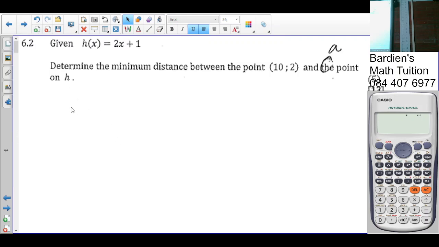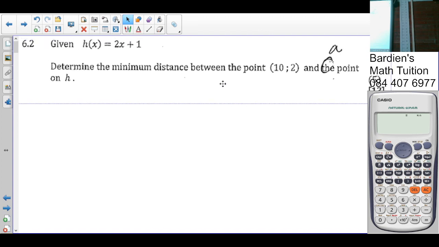When we come to question 6.2, we are given h of x equals 2x plus 1. Now I made a mistake here. It should be h of x is equal to 2x minus 1. The question says determine the minimum distance between the point (10; 2) and a point on h of x.